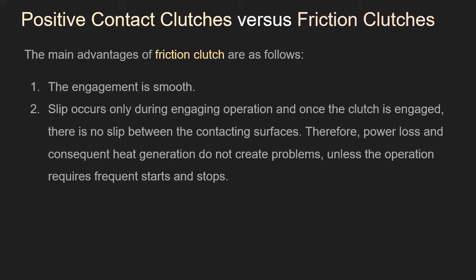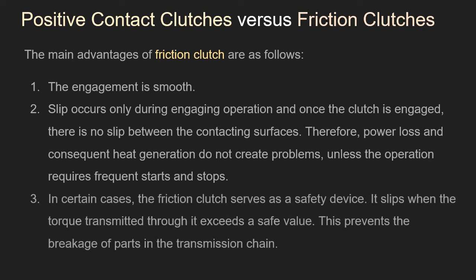Okay, and power loss and heat generation, while they do exist, is not severe. Only if the clutches are very frequently operated. Especially when there's very frequent start and stop, you may have larger loss in power. Other than that, even friction clutches do not offer much of a heat generation or loss due to friction. Okay.